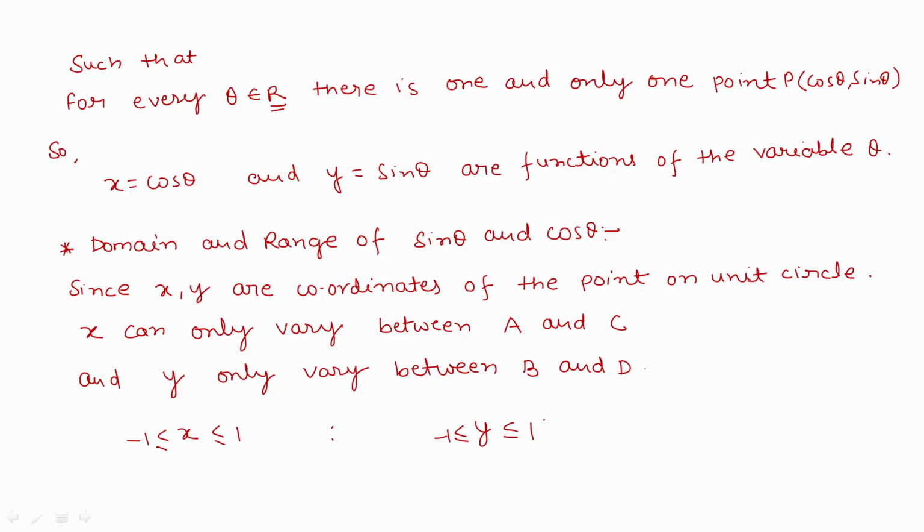This means X is in fact cos theta, and Y is in fact sin theta. So -1 is less than or equal to cos theta is less than or equal to 1, and -1 is less than or equal to sin theta is less than or equal to 1.